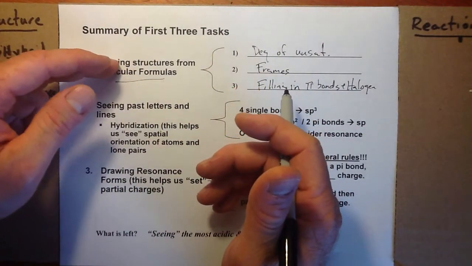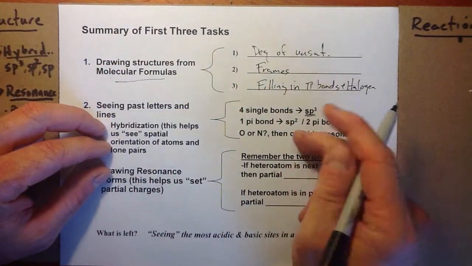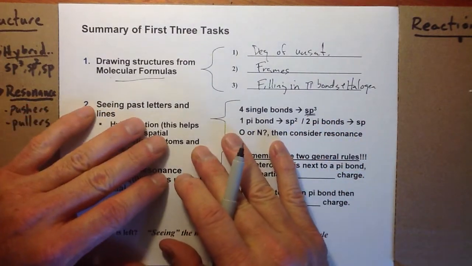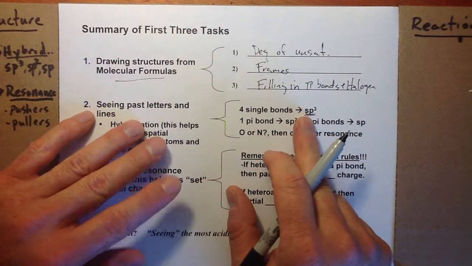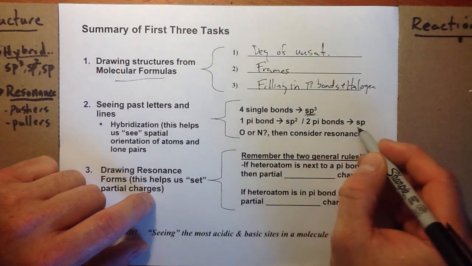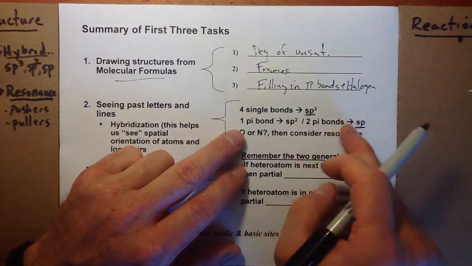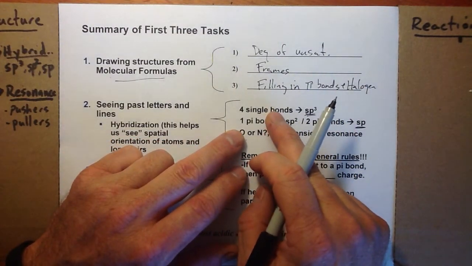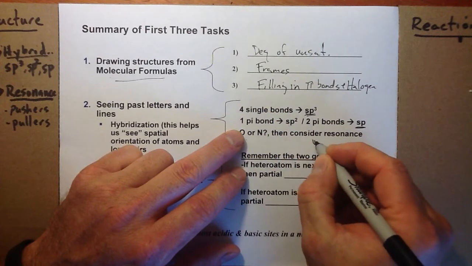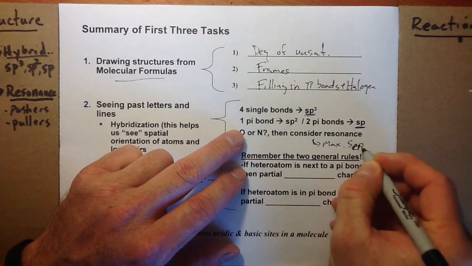So yes, so what? We can build a molecule, but we need to see past letters and lines. We had rules for setting hybridization for C's, N's, and O's. 4 single bonds, sp3. 1 pi bond, sp2. 2 pi bonds, sp. If it's an O or an N that's not in a pi bond, and it doesn't have 4 single bonds off of it, we had to consider resonance or maximum separation.